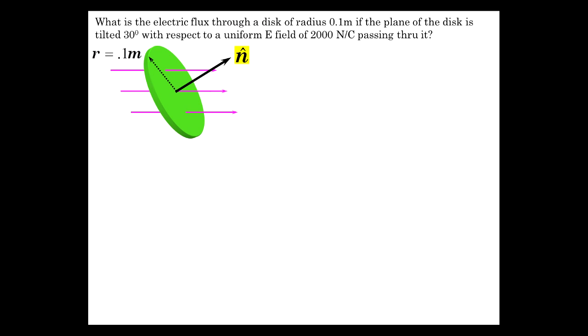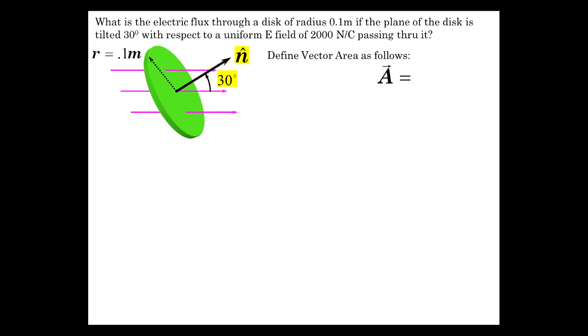So a quick example of electric flux through a surface. We have a disk tilted at 30 degrees. The radius of the disk is 0.1 meters. The electric field flows through it horizontally here. So the normal vector, the normal of the surface, is at 30 degrees.